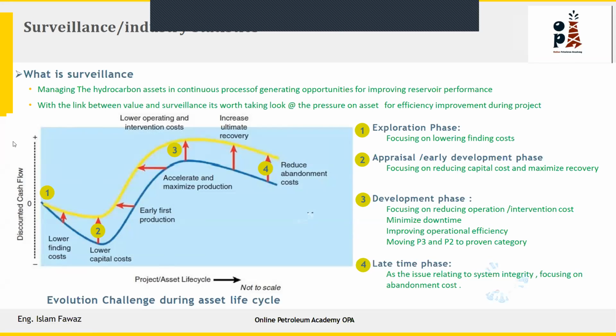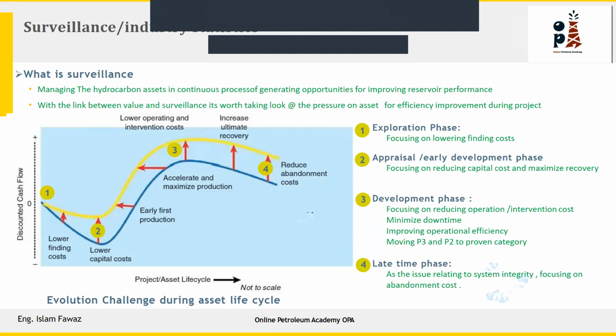At the start, in the exploration phase, our key driver is lowering the finding cost, to find the oil in this area. After that, we drill an exploratory well and find oil, and we need to lower the capital cost. In the early development phase, we focus on reducing the capital cost and maximizing the recovery. This impacts the data acquisition and the timing and implementation of the project.